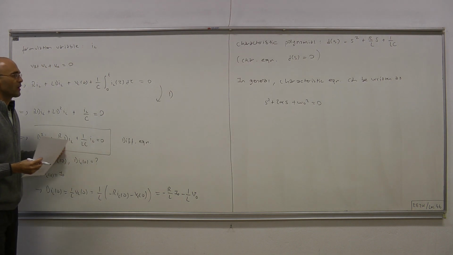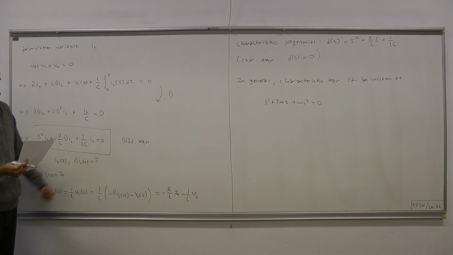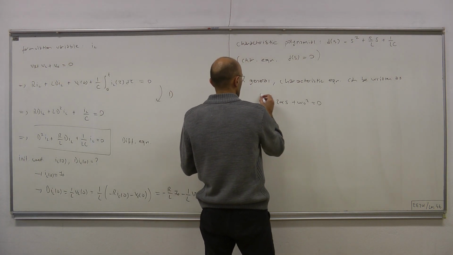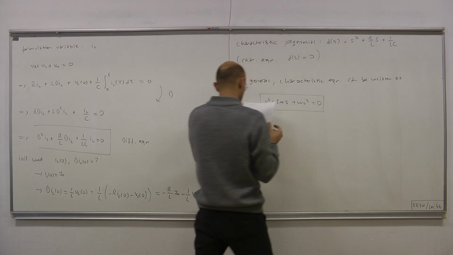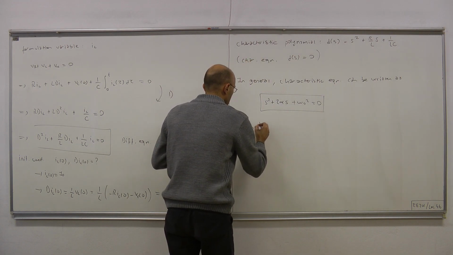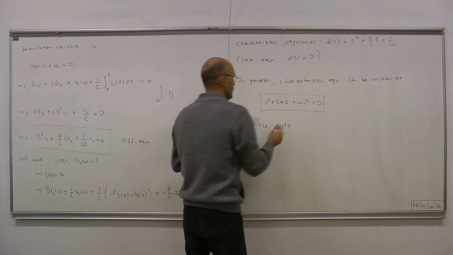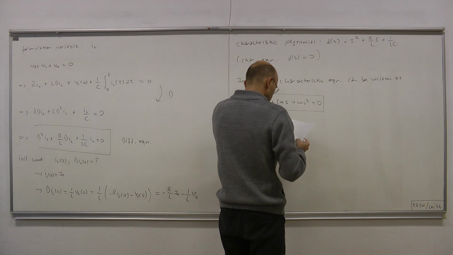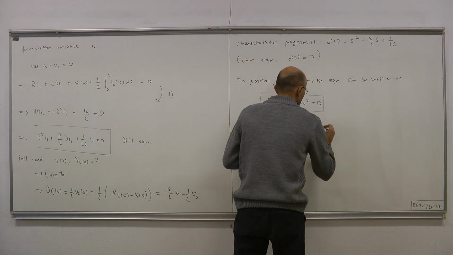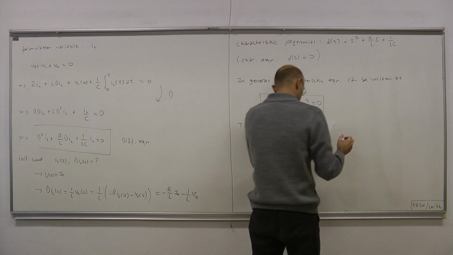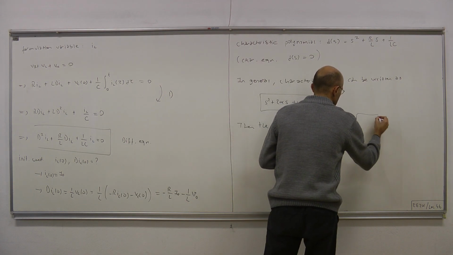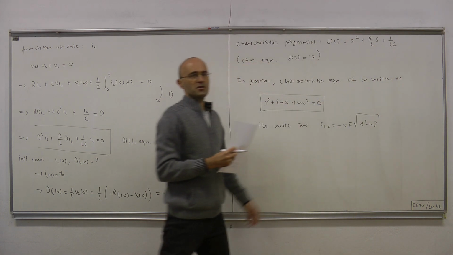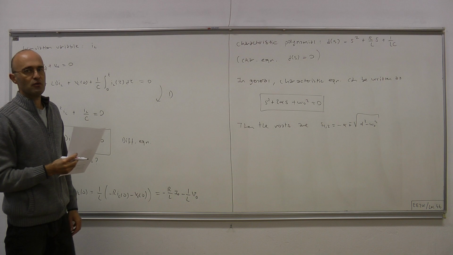For our case, 2 alpha is R over L, and omega 0 squared is 1 over LC. Then the roots of this second order equation are s1 and s2. We have s equals minus alpha plus or minus square root of alpha squared minus omega 0 squared, in terms of the coefficients of the polynomial.